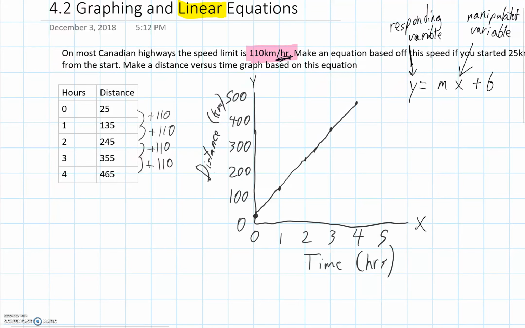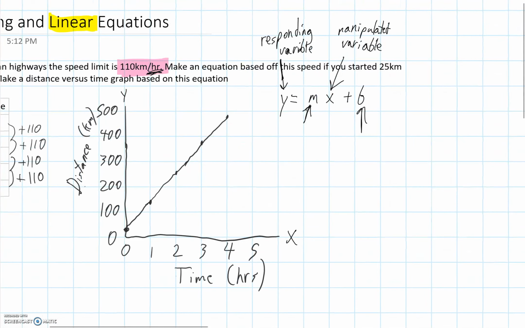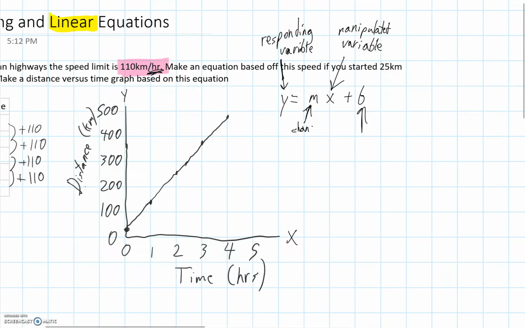But what is m and what is b? Well, m and b are both constants, which means that they're basically just a number, okay? m is, first of all, the change, and more mathematically, it is the slope, okay? And b is the base case, which we talked about in the last video, or mathematically, the y-intercept.